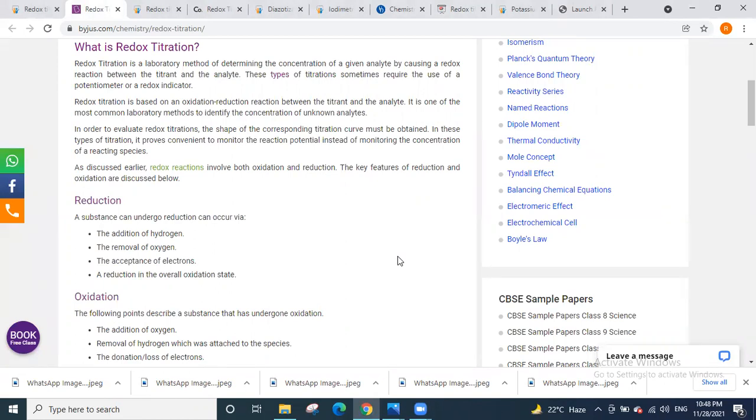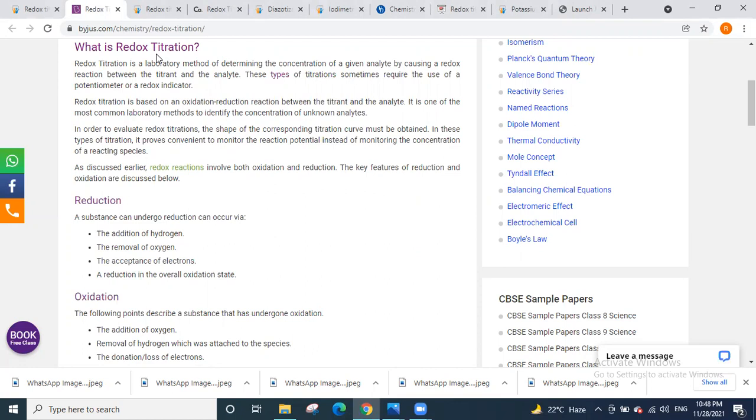As the name indicates, redox means that some redox reaction is taking place, and we also know that a redox reaction takes place when the molecule has an ability to be oxidized or reduced.